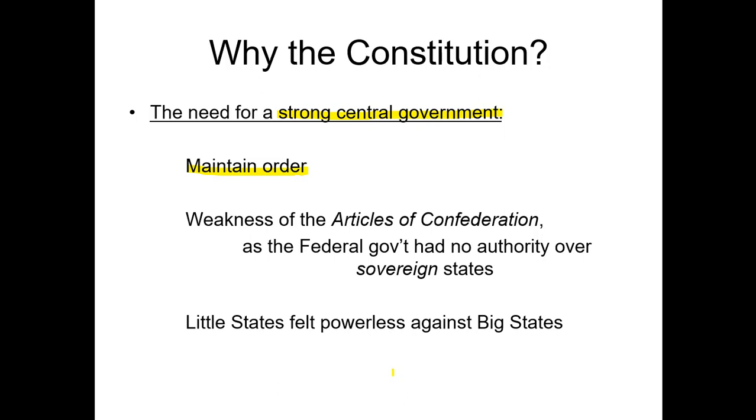That could potentially lead to their fracturing apart. The little states, such as Rhode Island, maybe New Jersey, Delaware, they felt powerless against the bigger states, such as Virginia and New York. Massachusetts was considered bigger and powerful. So that was another issue that they were going to have to address in the Constitution.